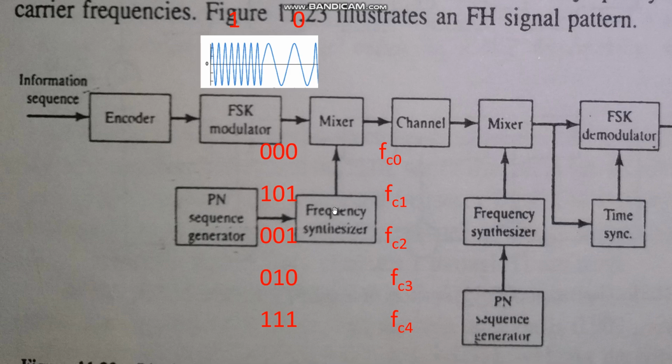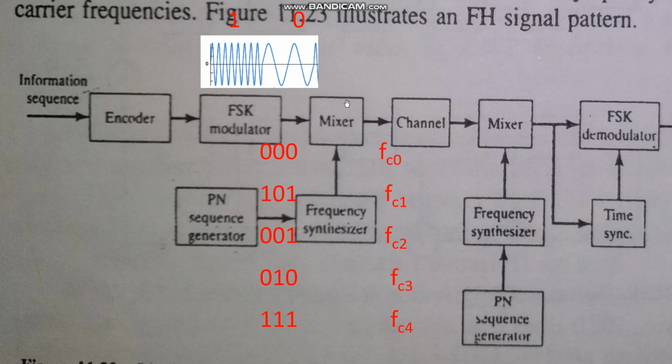This frequency synthesizer generates different carrier frequencies like fc0, fc1, fc2, fc3, fc4 based on the random sequence generated by the PN sequence generator. It randomly generates 0, 0, 0, 1, 0, 1, 0, 0, 1. This is not in order, okay? You can see, randomly it goes on generating. Based on a particular sequence, it generates a particular carrier frequency.